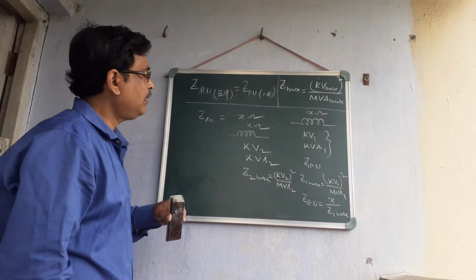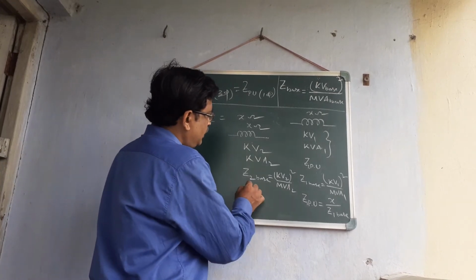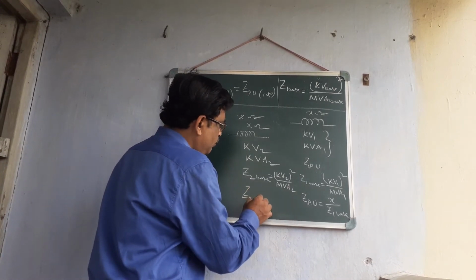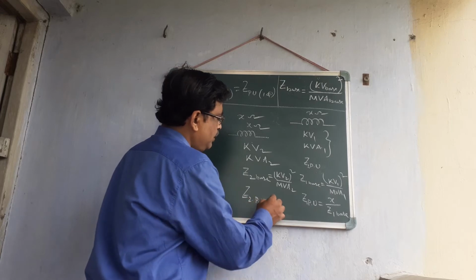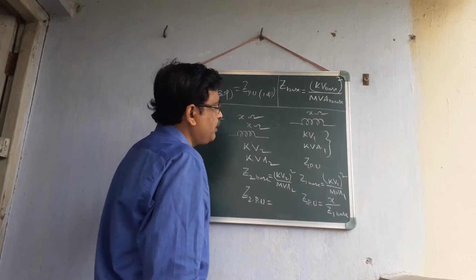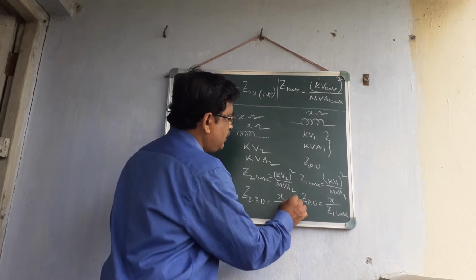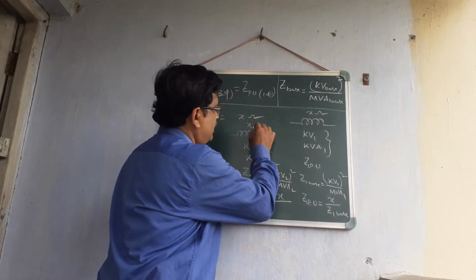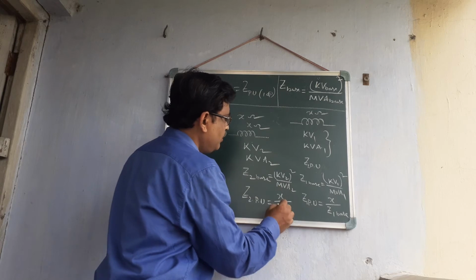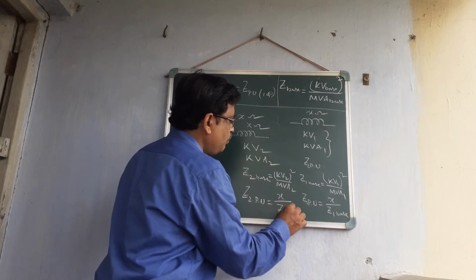It is like that. Now, Z2 per unit equals actual value upon Z2 base, the actual value once again X, by Z2 base.